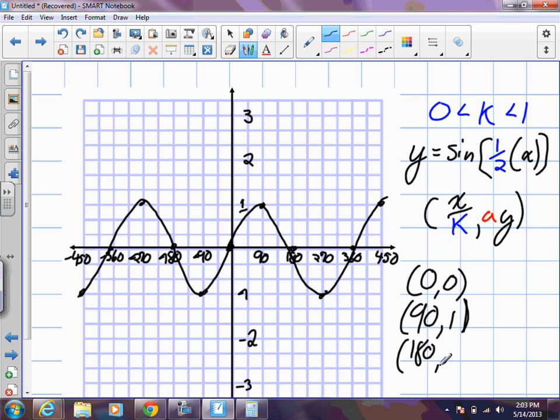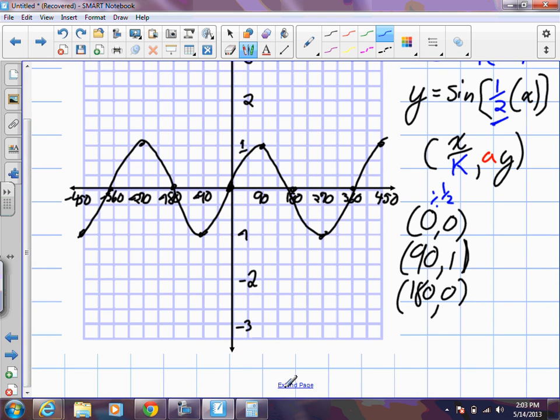We have to divide our x values by our K. Well, our K is a half, so we're dividing by a fraction, which can get really confusing. The fastest way to do this would be to invert it.